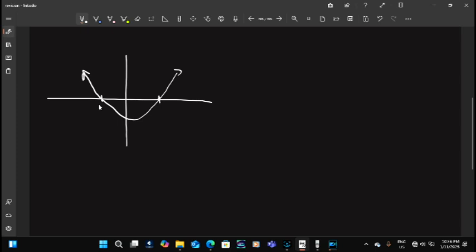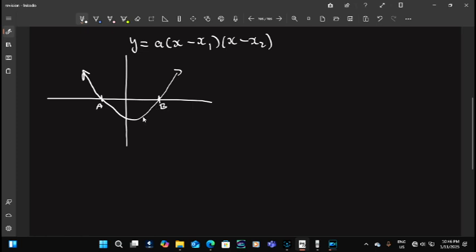So the intercepts, let's say, are a and b. So the equation of this parabola would be y is equal to a into x minus x1 into x minus x2. Okay, so you can use this to find whatever it is here.